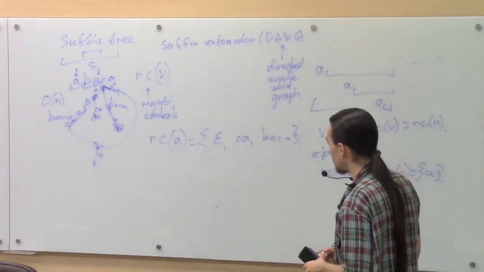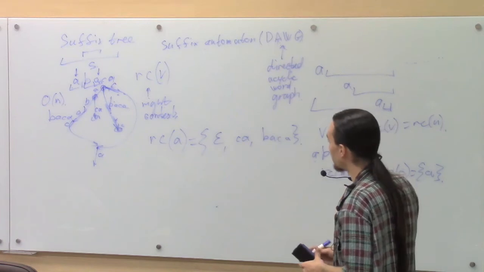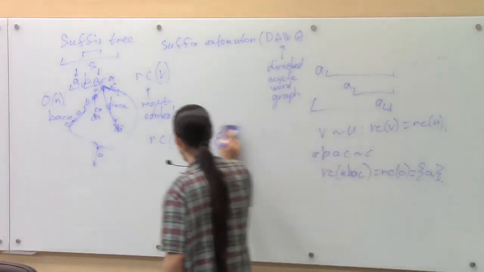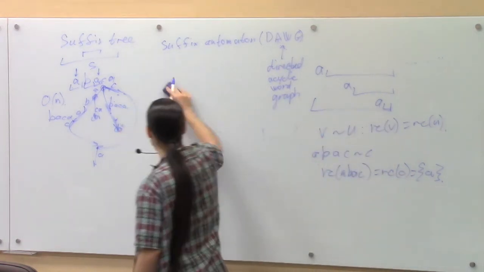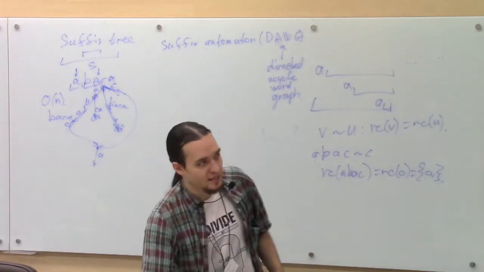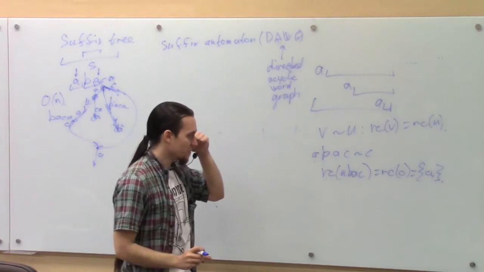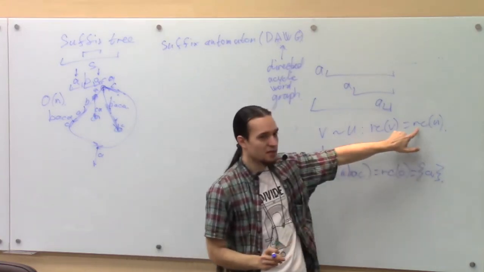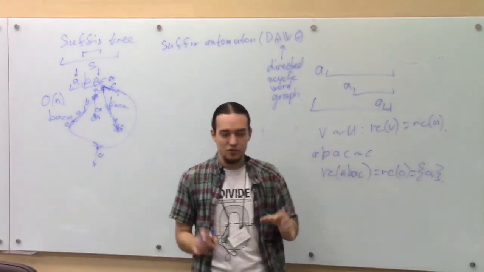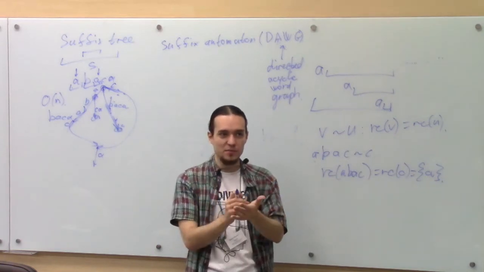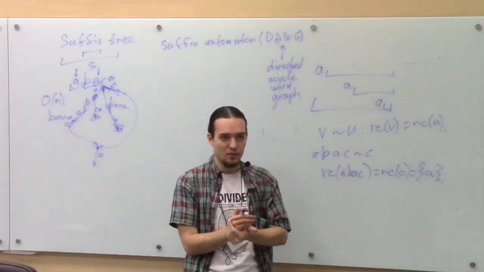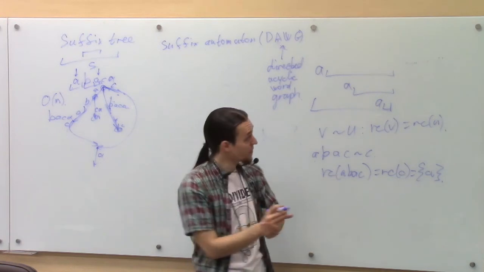So let's try and do that for, I don't know, this particular string. And the way we do that is, if you think about it, we can say that two different substrings correspond to the same state within our graph. Okay?